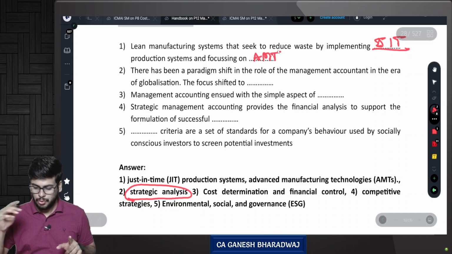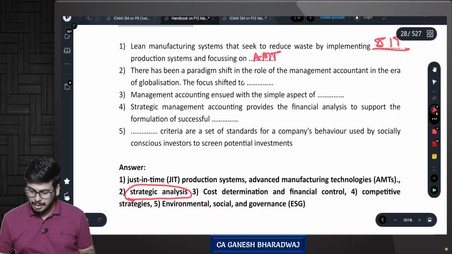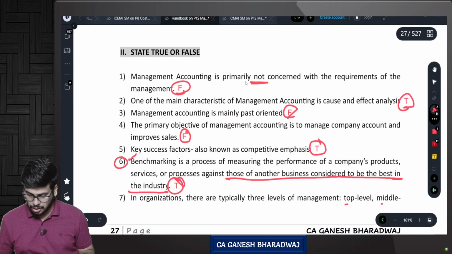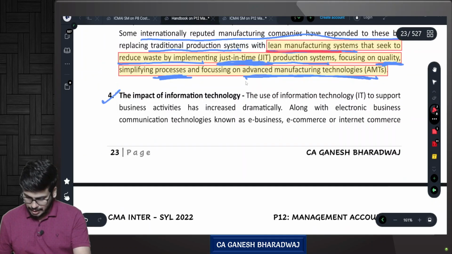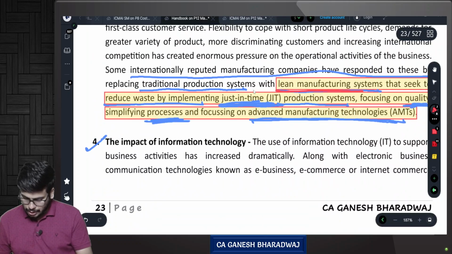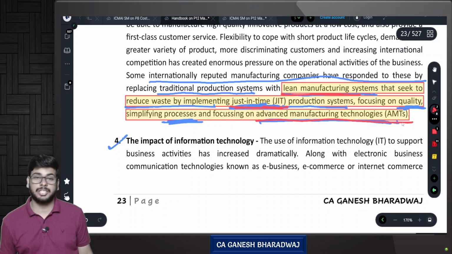I showed this to you. One second, if you want, I will show it to you once again. Look at this. In page number 23, lean manufacturing systems that seek to reduce the waste by implementing the just-in-time production system focuses on quality, simplifying processes, and focusing on advanced manufacturing technologies.